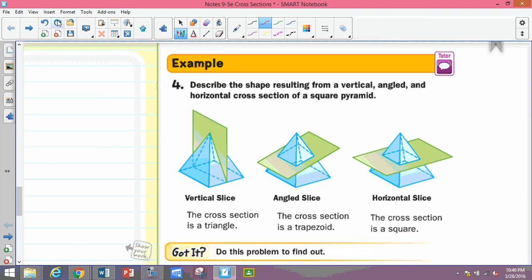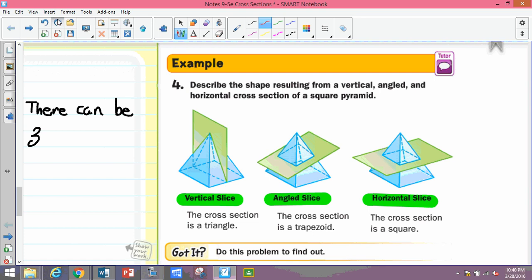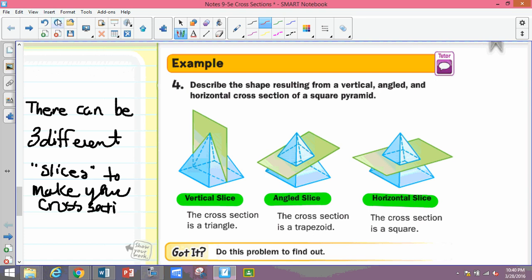Now, there are three different types of cross sections you can have. You can have vertical slices, angled slices, and horizontal slices. Okay? So there are three different types of slices. That's what we call those to make a cross section.